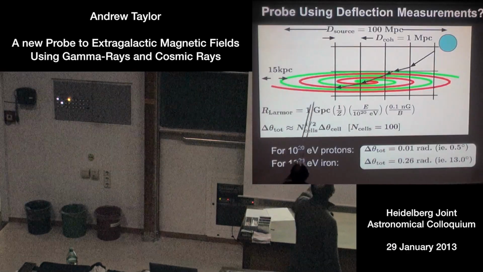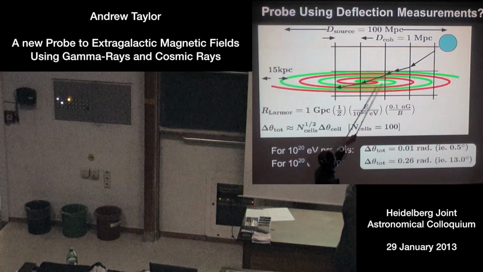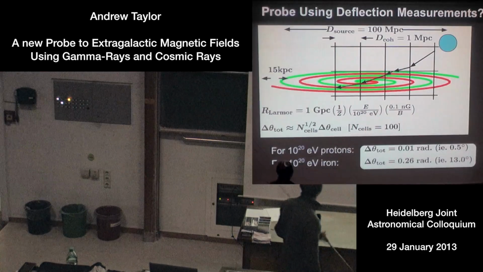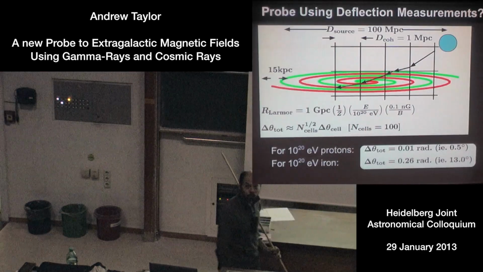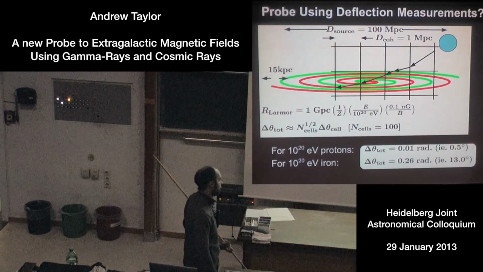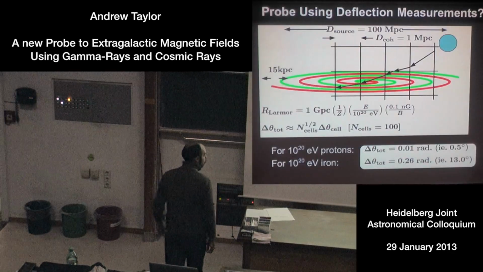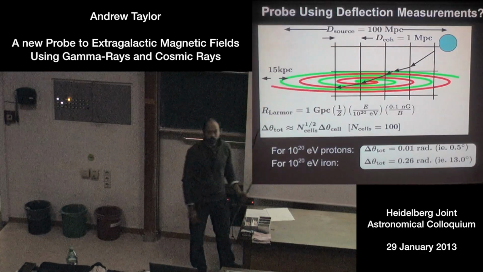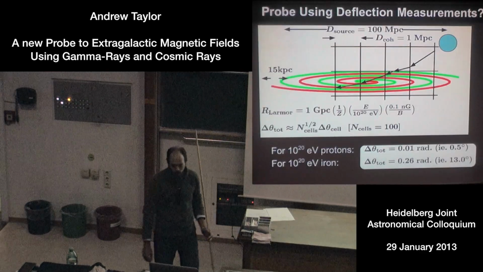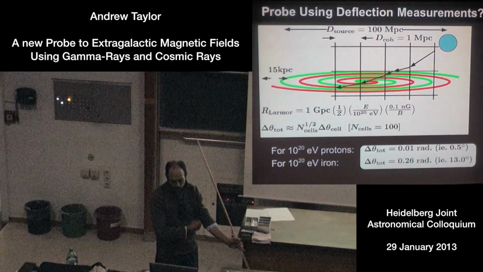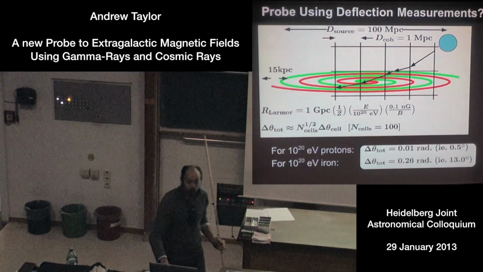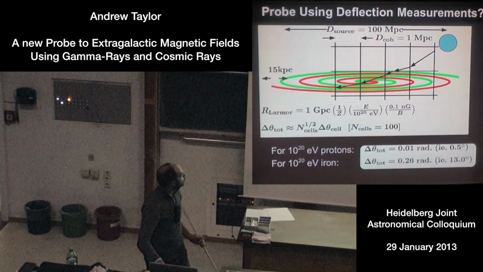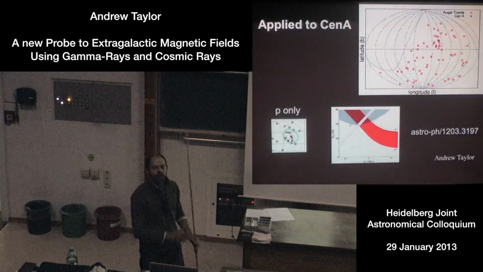And I'm going to go through some 100 patches to get to Earth, so it's going to be something like 10 to minus 2 radian deflections, which is half a degree. Or if the cosmic rays aren't protons, it's going to be something quite a bit bigger, let's say 13 degrees for iron nuclei.